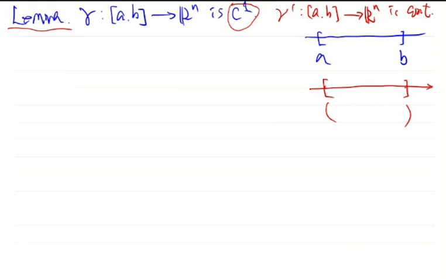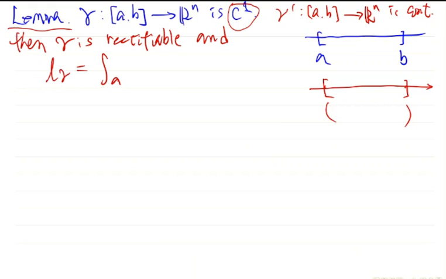The assumption on our gamma is stronger than the requirement of a smooth curve, because besides all the requirements of a smooth parametric path, we also have differentiability at the endpoints a and b. So it is rectifiable, and the length, by our notation, L gamma, is the integral.